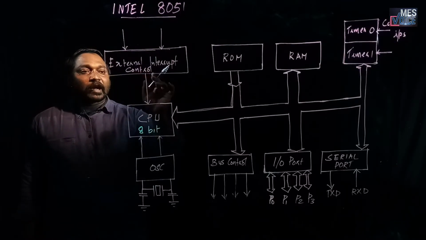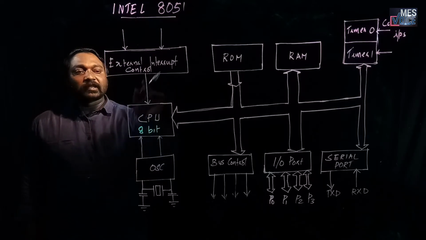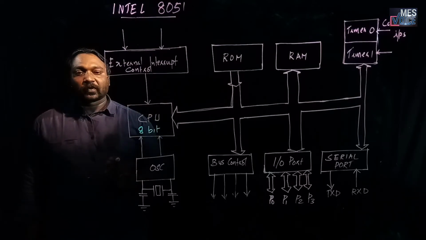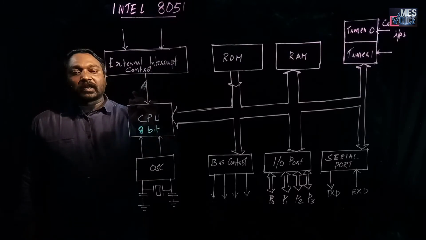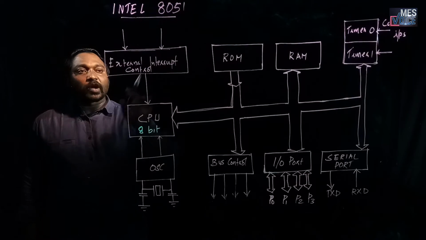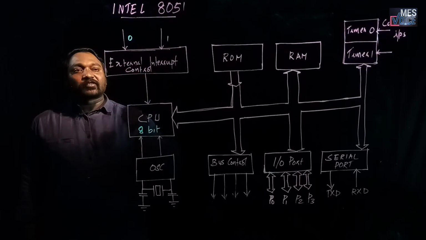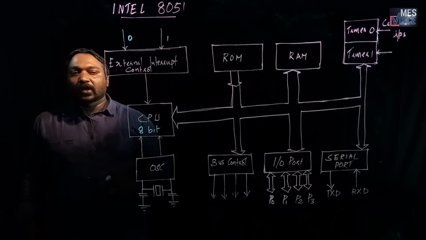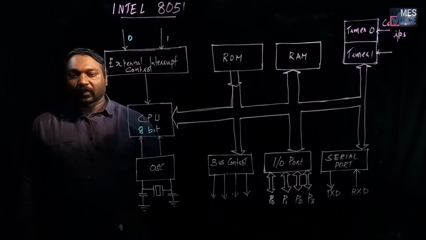Then an external interrupt control unit is present in this architecture, which controls the external interrupt operations. We have two external interrupts, external interrupt 0 and external interrupt 1.